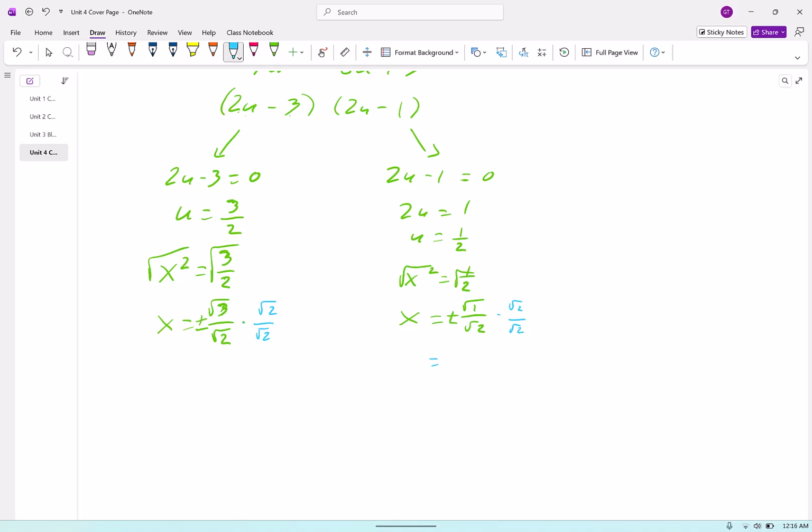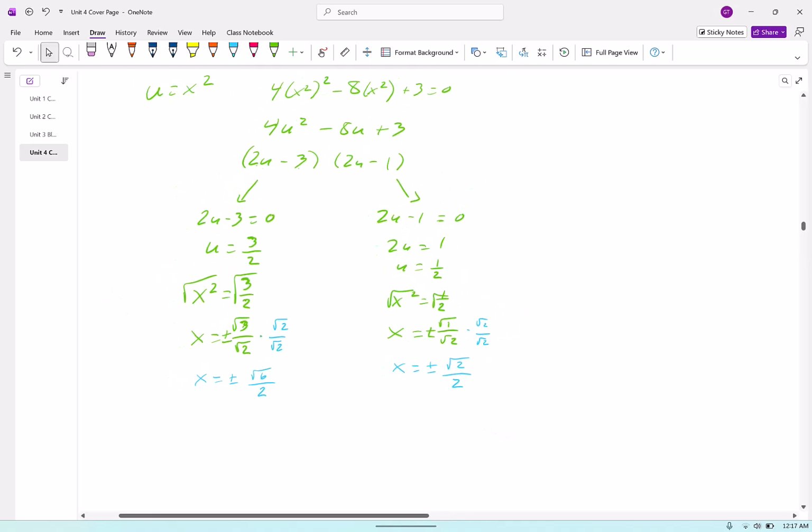So this is going to equal plus or minus square root 2 over 2. And over here, this is going to equal plus or minus square root 6 over 2. Okay, so those are my two answers, technically 4 answers on each side.